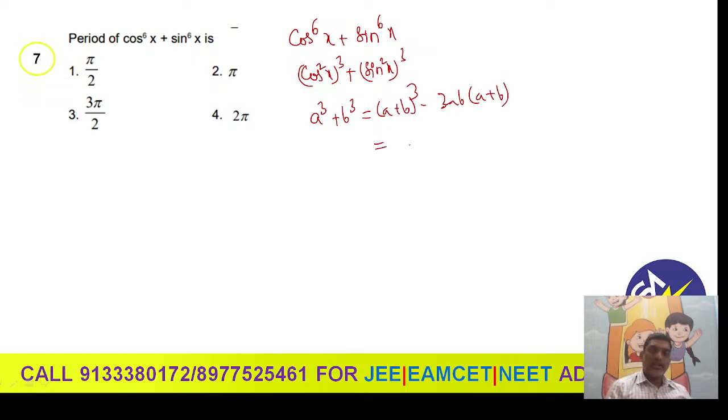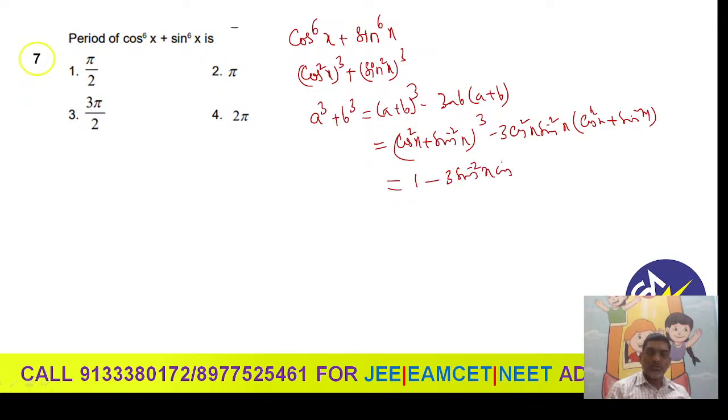So here a is cos square x and b is sin square x: cos square x plus sin square x whole cube minus 3 times cos square x into sin square x into a plus b, again cos square x plus sin square x. So cos square x plus sin square x is 1, minus 3 sin square x into cos square x.